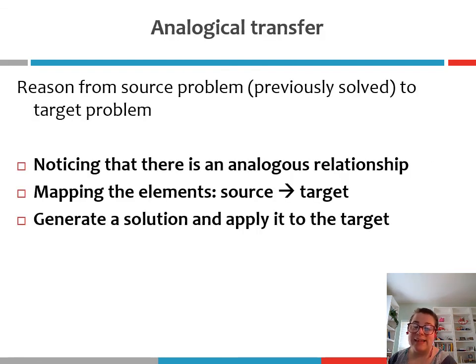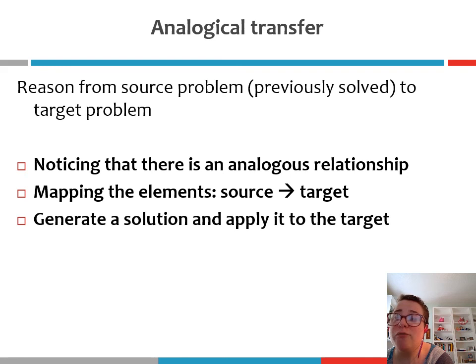Okay. And lastly, once you have successfully mapped each of the elements from the source problem to the target problem, you obviously need to generate a solution and apply it to the target. So applying the mapping to generate a parallel solution to the target problem.